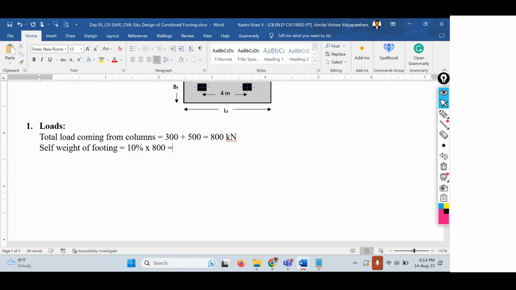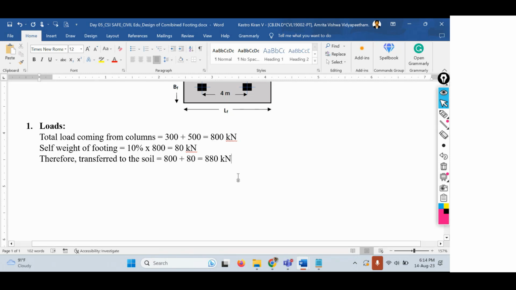So that equals 80 kilonewtons. Therefore, the total load transferred to the soil equals 800 kilonewtons plus 80 kilonewtons, which gives us 880 kilonewtons.